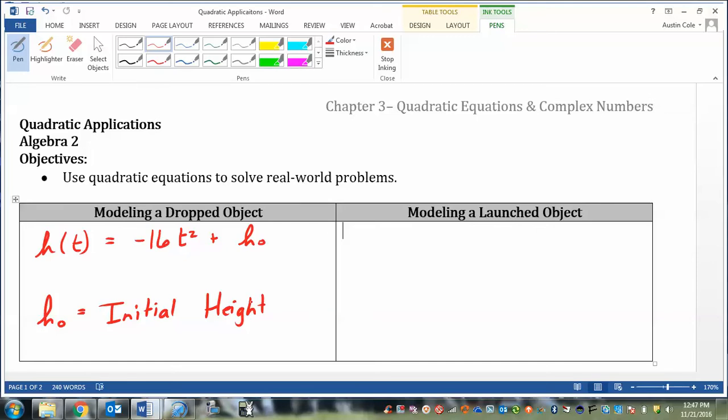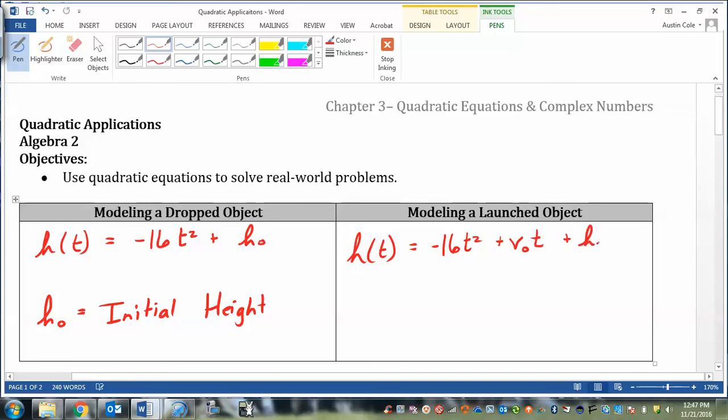So if something is being projected, well then our height with respect to time is going to be negative 16t squared plus v naught t plus h naught. That looks a lot worse than it is.